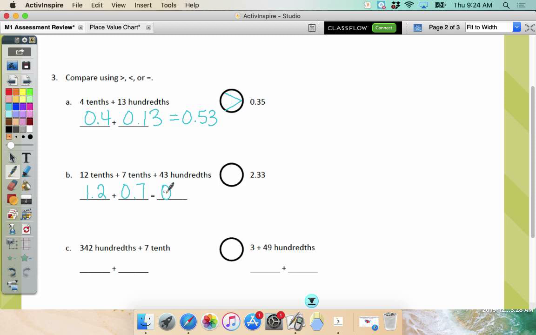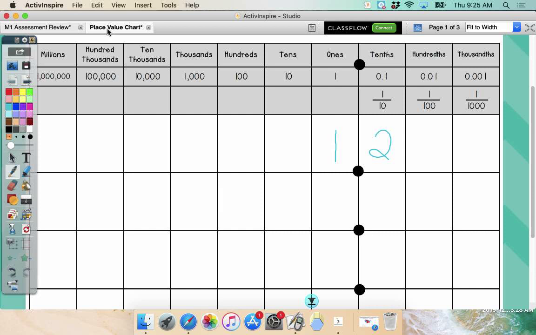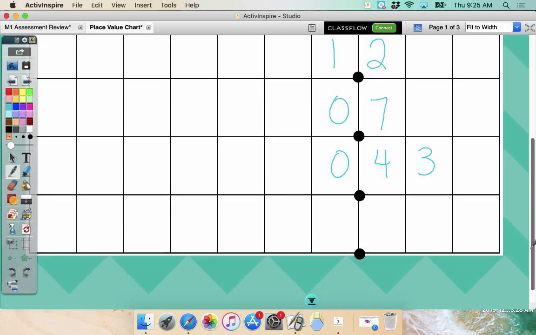You write 0.43. Good. Now, Daniel said, can I just add these up on a paper instead of the place value chart? You can do it however you want, okay? I'm going to do it on the place value chart so I can line up my decimals. Sound good? Okay. So you tell me what to write down. Oh, I had 1.2. Then what? 0.7. And then, 0.43. Okay. Now I'm going to add that up.